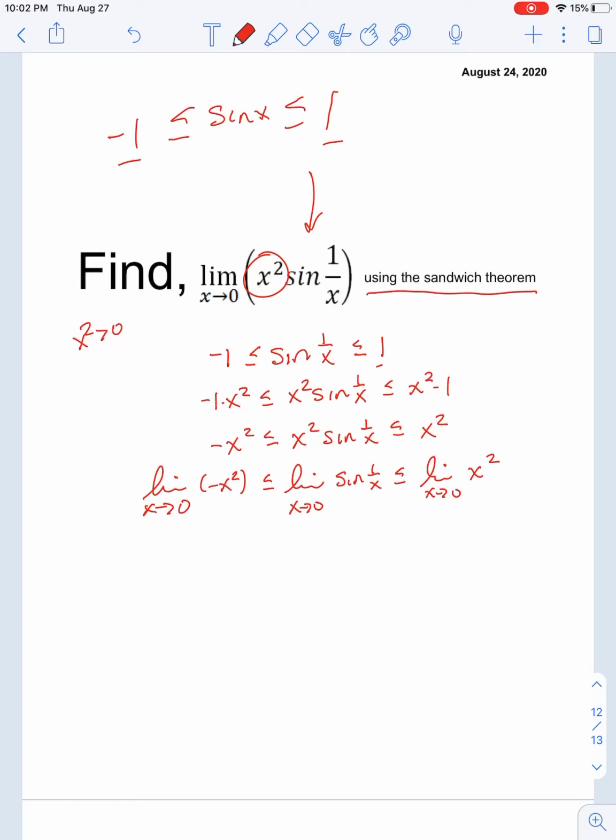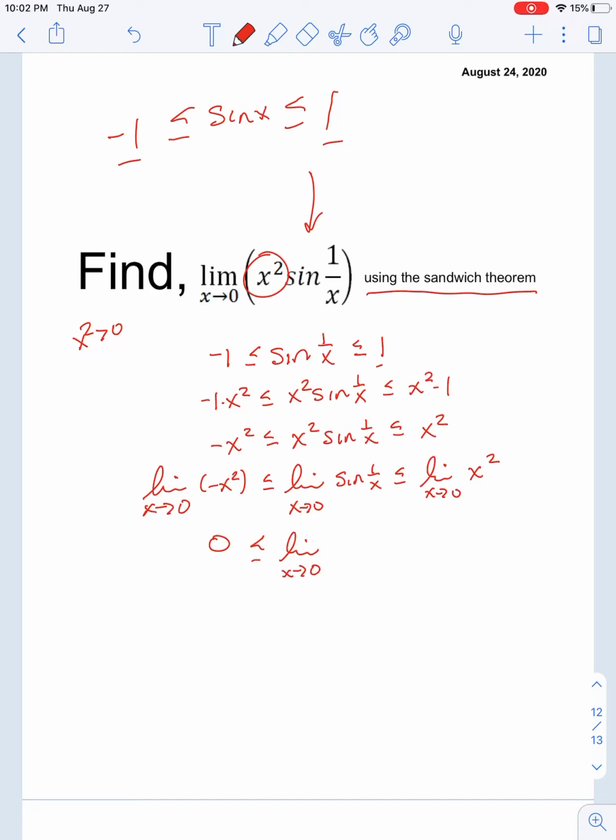Now, we can evaluate the limit as x approaches 0 of -x squared because we use the simple method of substitution. If you plug a 0 in for x, you get 0. So this limit is 0.